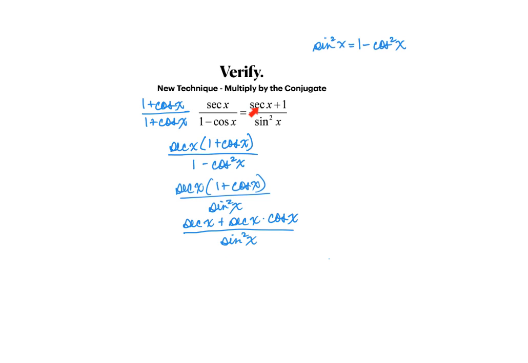Now I'm getting really close here. This is secant of x. I need this to be plus 1. Oh, look at secant of x and cosine of x are reciprocals of each other. So I'm going to write this as secant of x plus secant of x times 1 over secant of x. That's all over sine squared x. And here is my desired result.